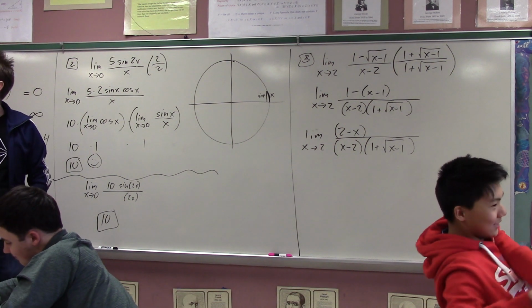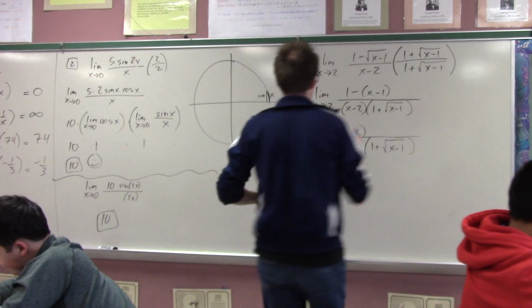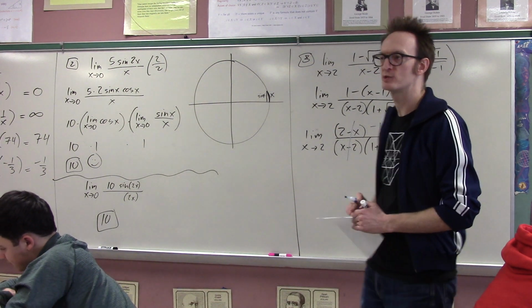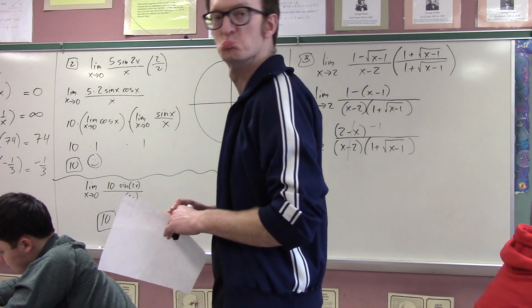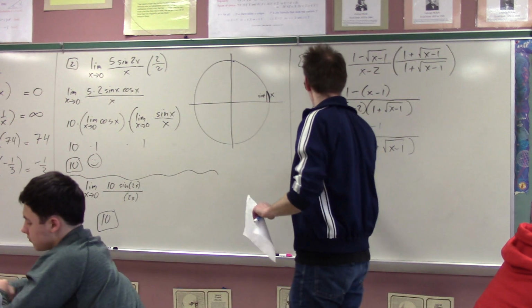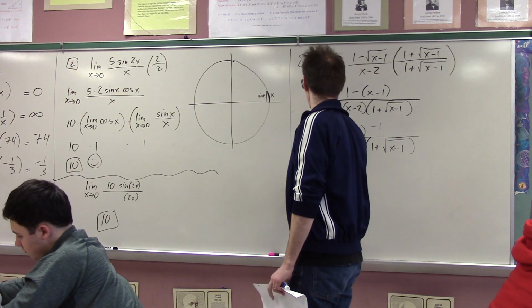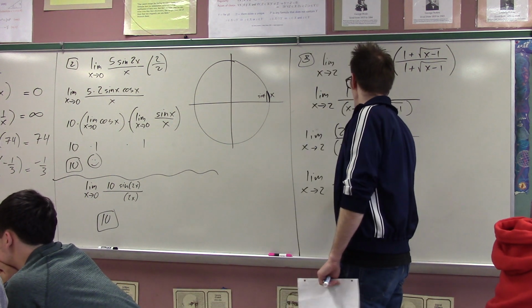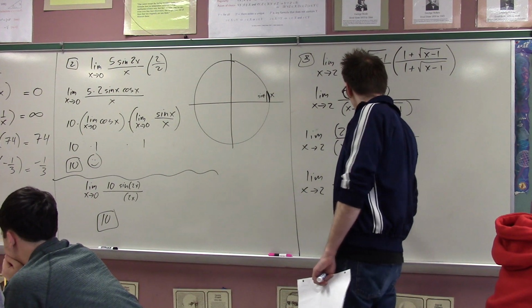And then what happens is we get cancellation, y'all. Is everyone, am I going too fast or too slow? Or just right? Alright. So this whole thing turns into the limit as x approaches 2 of -1 over 1 plus root x minus 1.